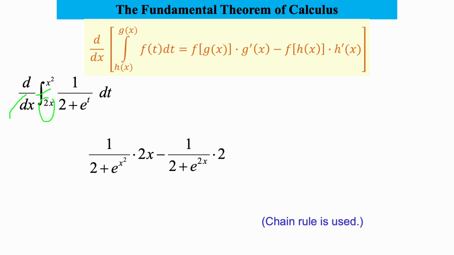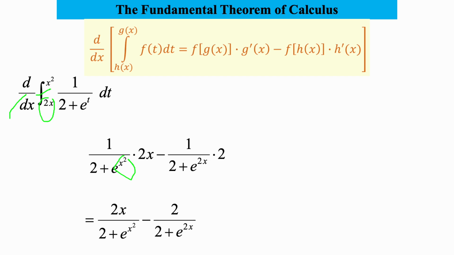So all what I do, instead of t, I replace x squared by the derivative of x squared, then minus, I replace the down by the derivative of the down. So what I did only, we replace the up, instead of t, then by the derivative of up, minus, we replace down by the derivative of down. This is called the general form of the fundamental theorem of calculus.